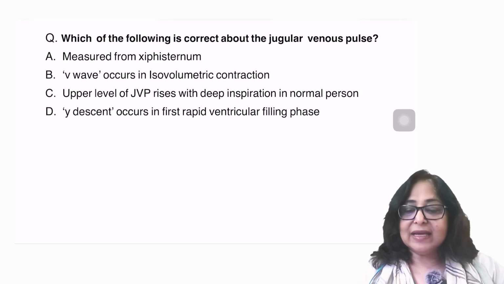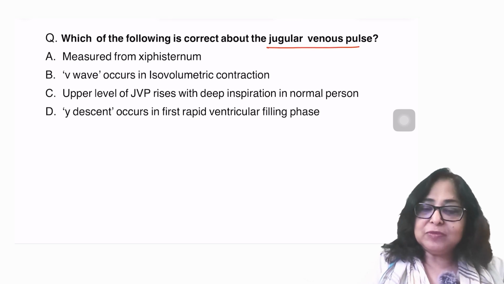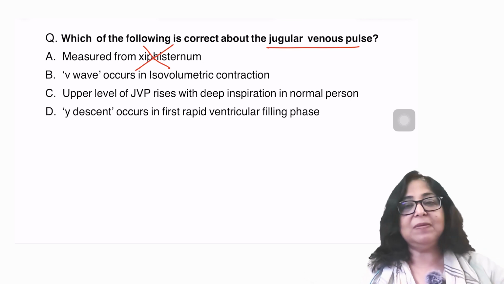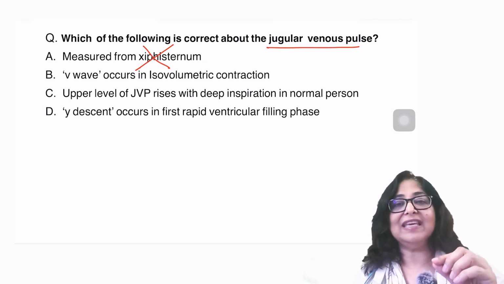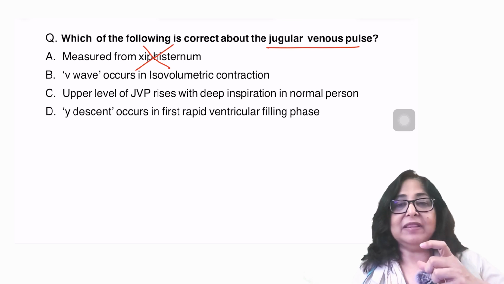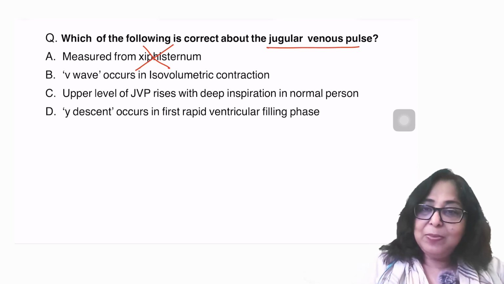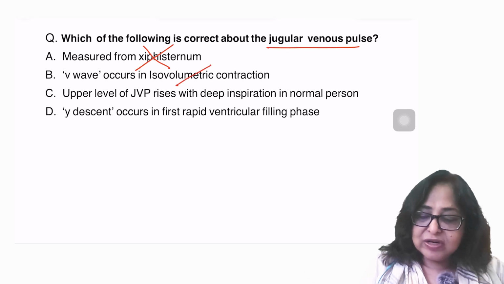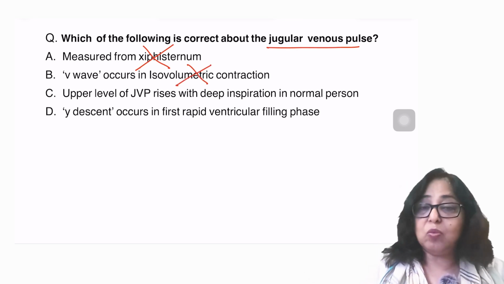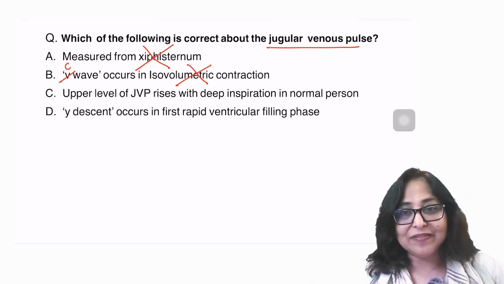Which of the following is correct about the JVP? JVP is measured from the xiphisternum? No. JVP is measured from the angle of Louis. That is the angle between the manubrium and the body of the sternum. V wave occurs in isovolumetric contraction. That is not true. What occurs in isovolumetric contraction is the C wave.